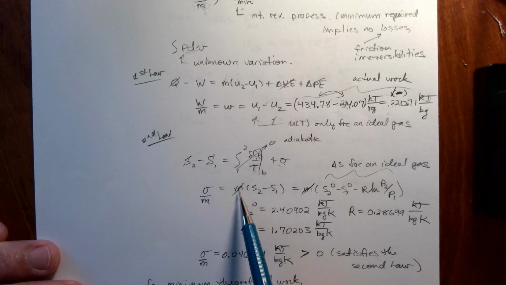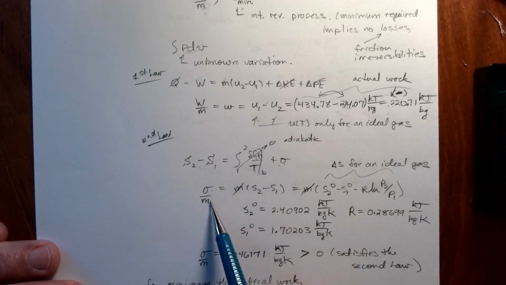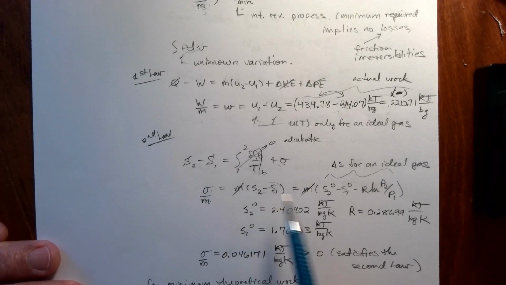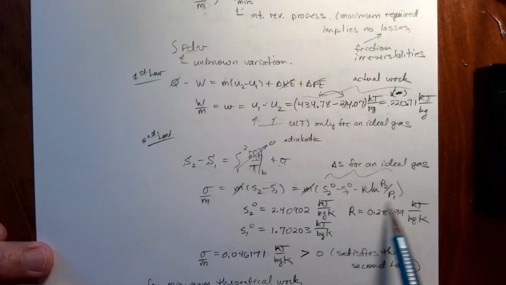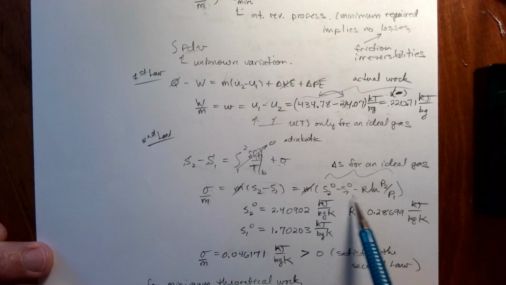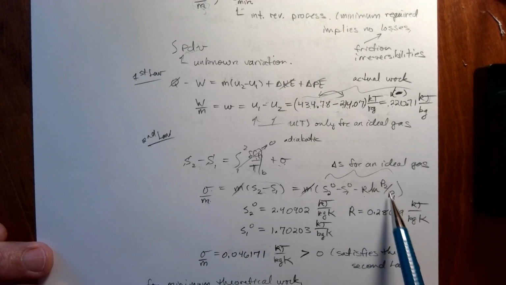If I divide through by this M, sigma over M is equal to S2 minus S1. And now, to evaluate the entropy change for an ideal gas, I have to use the equation that we have for an ideal gas: the standard state entropy change minus R natural log of P1 over P2.